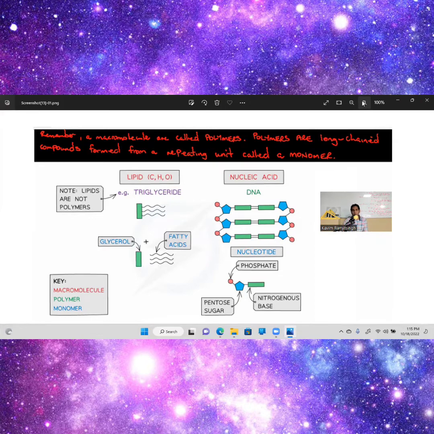Right? Same thing for carbohydrates. It will be various monosaccharides or disaccharides coming together as the monomers and forming your various carbohydrates. Right? And for proteins, it will be amino acids coming together to form your protein.